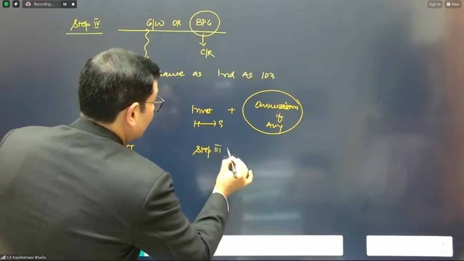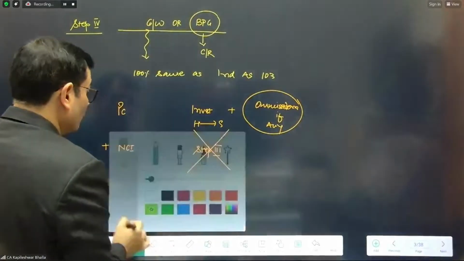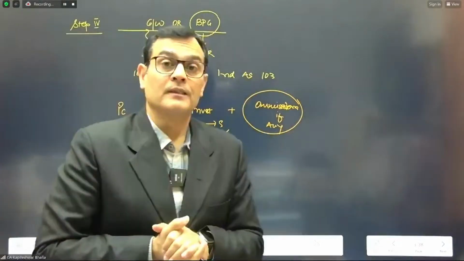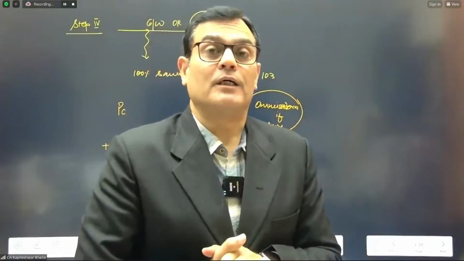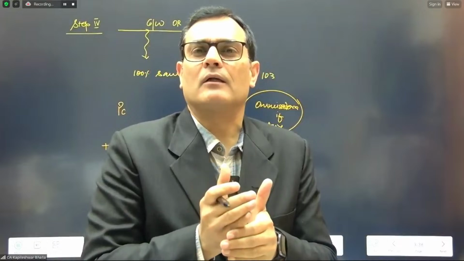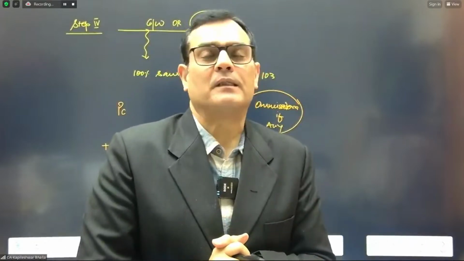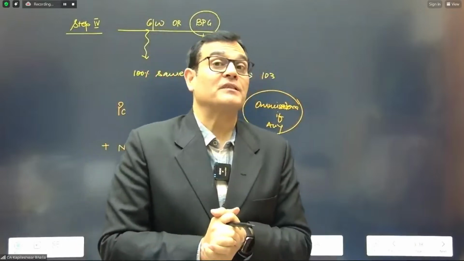But as I said earlier in the previous class as well, don't make this mistake. When you were doing Ind AS 103, everything was done on acquisition date, so in that case you used to pick up the NCI from the previous step itself.